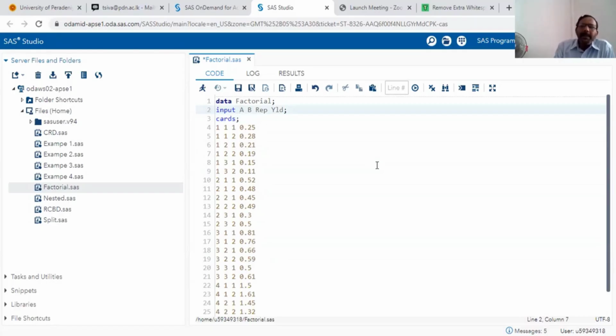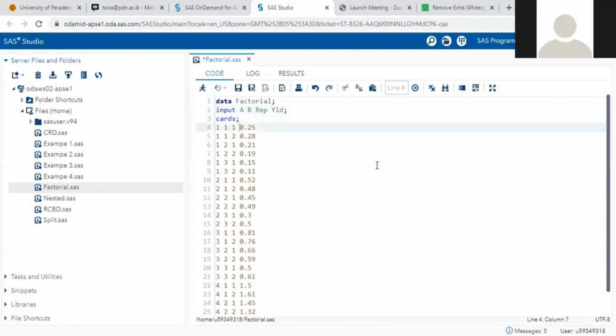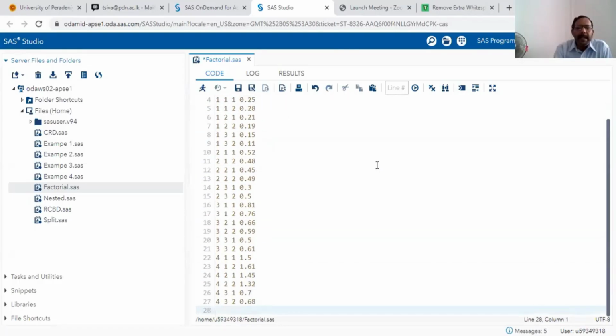In our example, how many levels are there in A? Four levels. How many levels in B? 3 levels. Right. So everything is indicated here. This is the first level of A, first level of B, and the first replicate. The value is 0.25. Likewise, we have entered the data. So this is the last point of data.